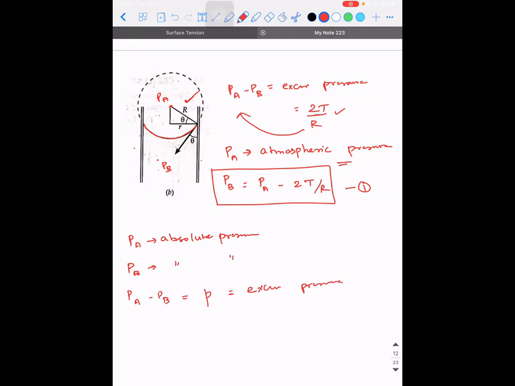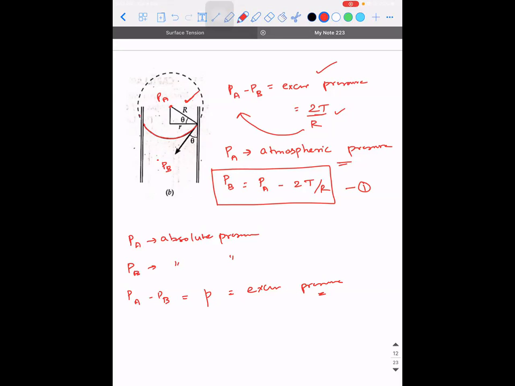So excess means how much more or less. In fact, we say how much more a particular value is compared to something else. If I say you have excess money, it means you have more than what is required. Are you able to understand? So the difference of PA and PB is what is called excess pressure.